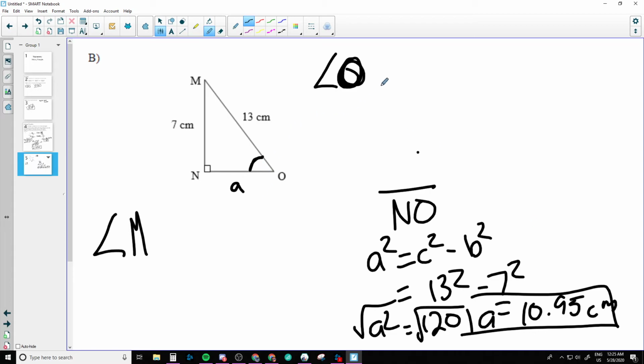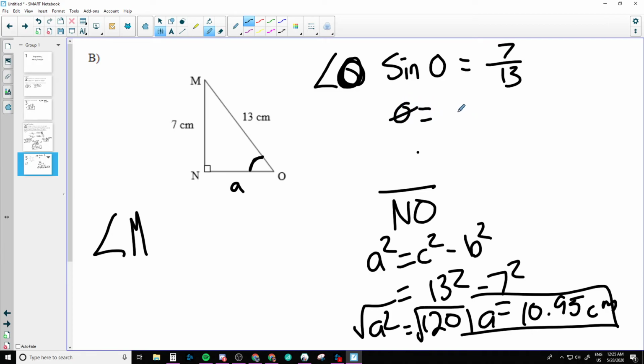Now let's solve for angle O. Angle O, we have the opposite and the hypotenuse. Again, that means we're going to use sine. So the sine of angle O equals opposite over hypotenuse, 7 over 13. Now, because we're looking for the angle, that means we need to do the second function.